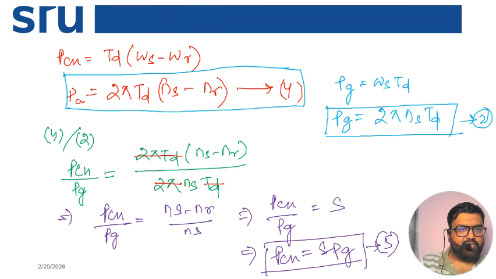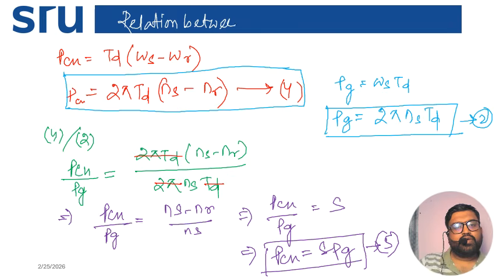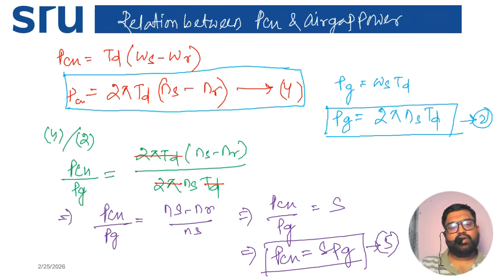But you can give the name here. That is, you find out the relation between P copper loss and air gap power, right?